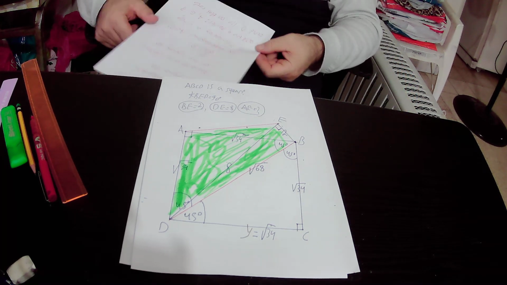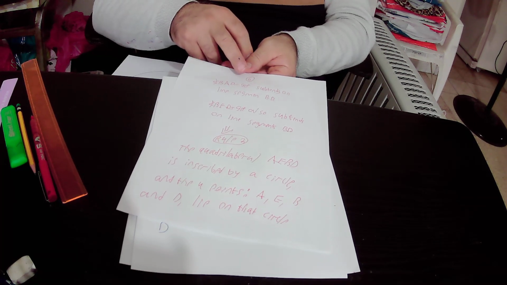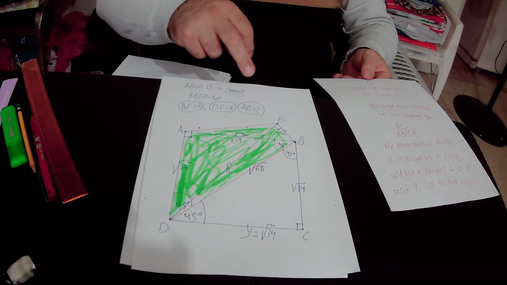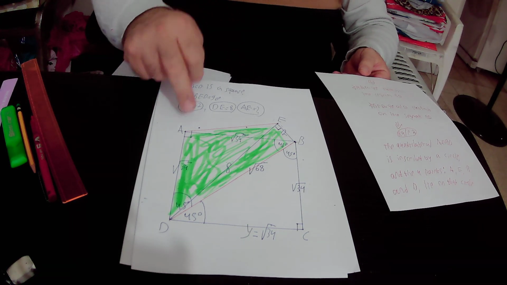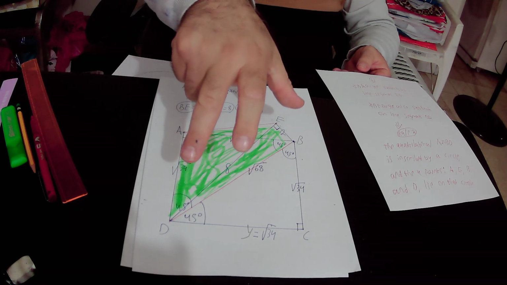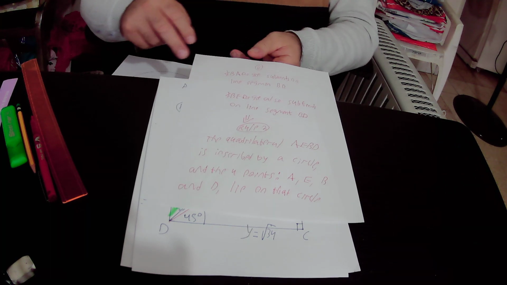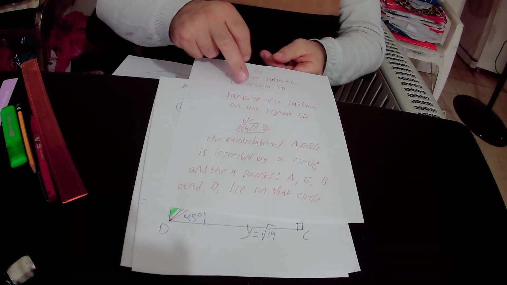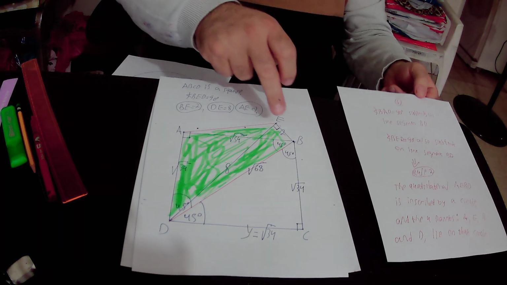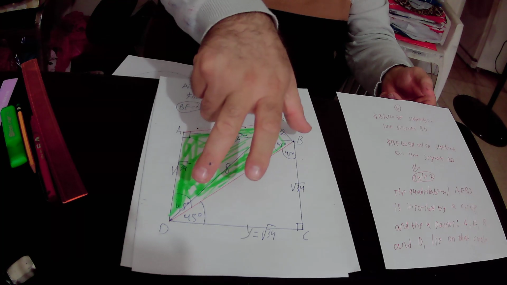I'll repeat again. Angle BAD equals 90 degrees, and it subtends line segment DB. Angle BED also equals 90 degrees, and it also subtends the same line segment BD.